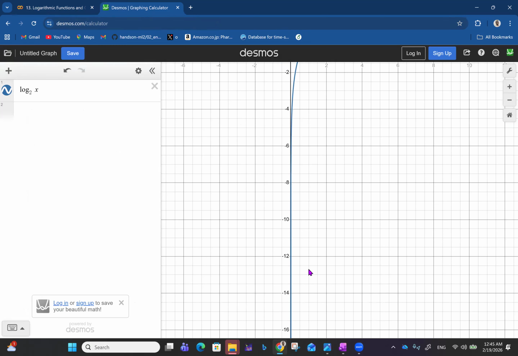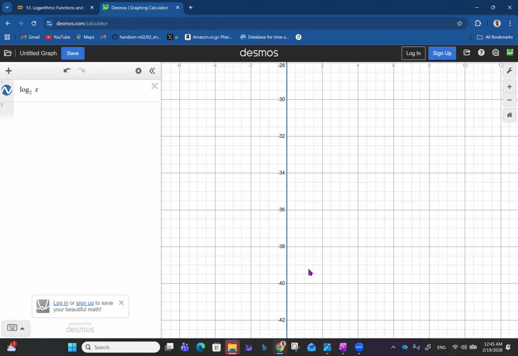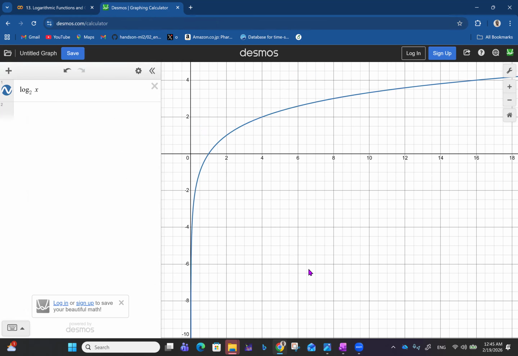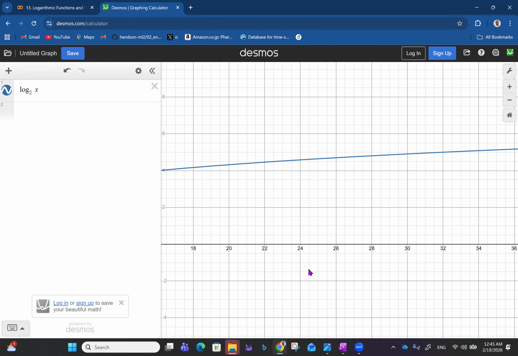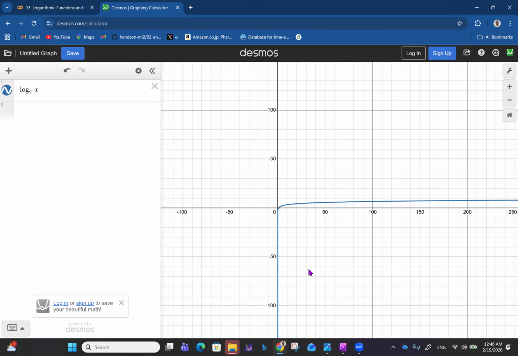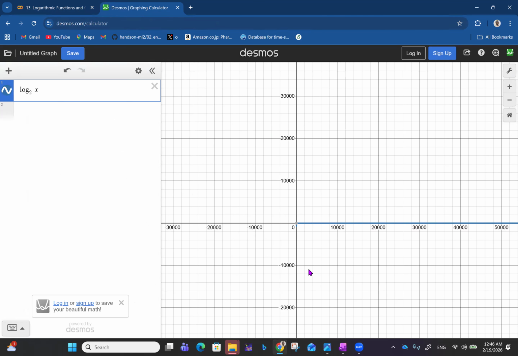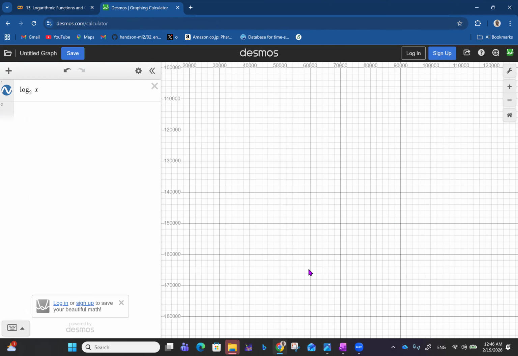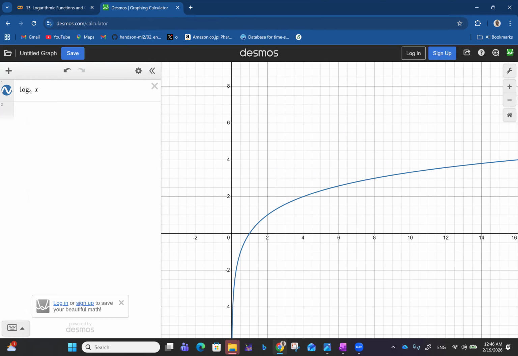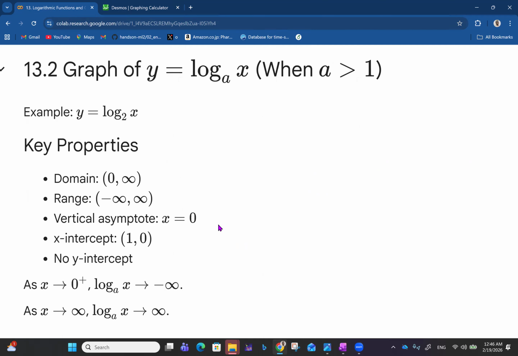On the vertical axis now, it's coming from negative infinity, and here now it keeps rising. If I keep shrinking it, you can see it keeps going up and up and up like that. So let's come back home. The range is from minus infinity to infinity.